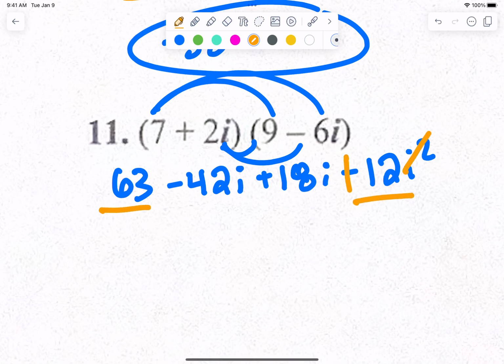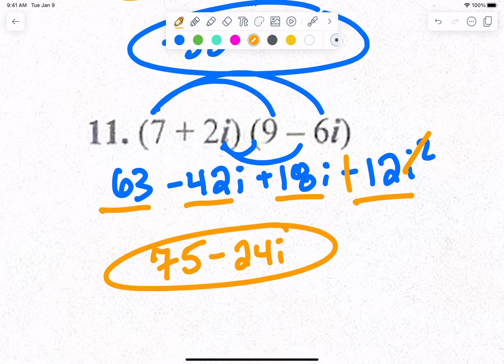Yeah. 63 plus 12, I got it. 75 minus... I was thinking 7 times 6 was 24i. Did we get it? 75 minus 24i?